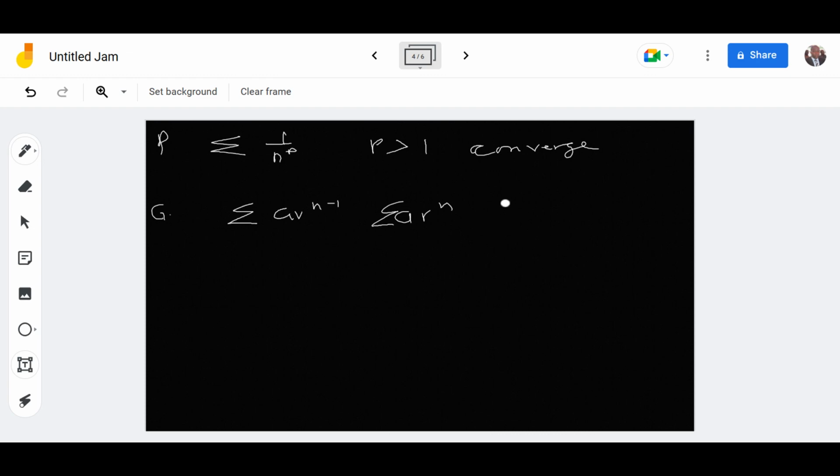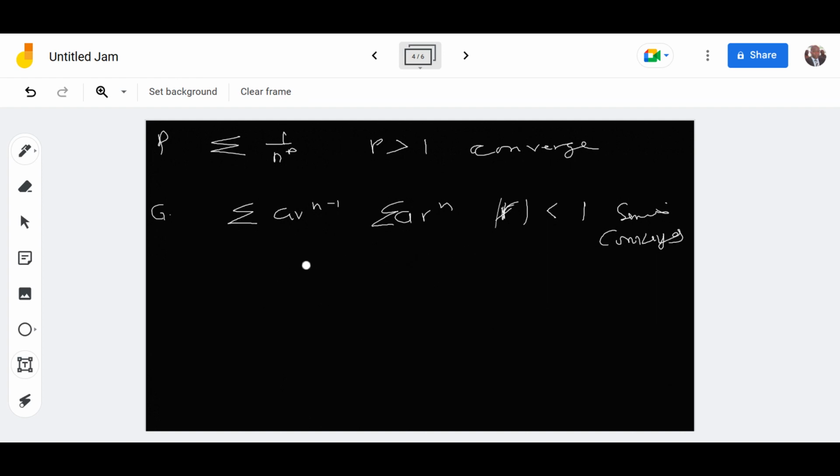And when your r, which is the common ratio, has an absolute value less than 1, then we say the series converges.